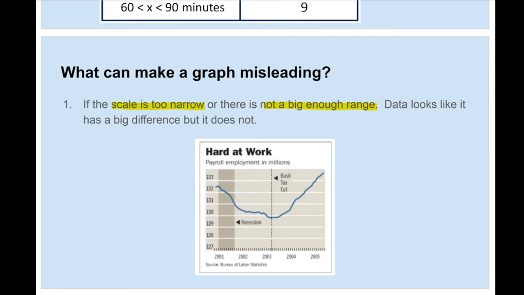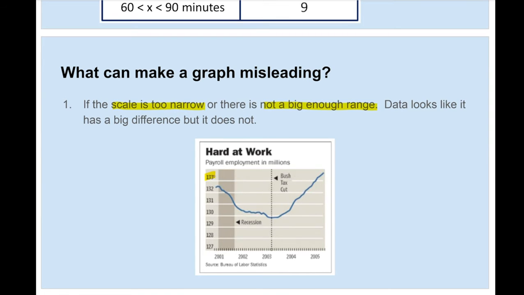If we look at this graph here, hard at work, payroll employment in the millions. We see the recession in this spot here, and it looks like there's a tax cut, and then it increased the payroll employment.